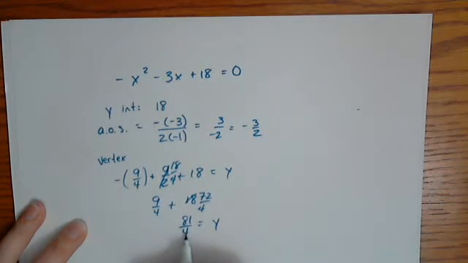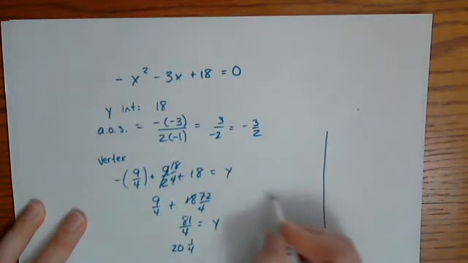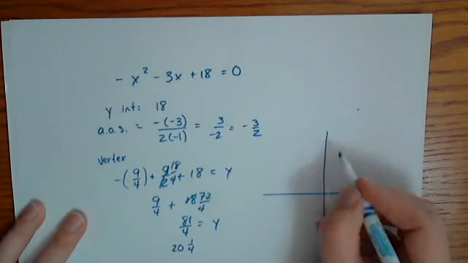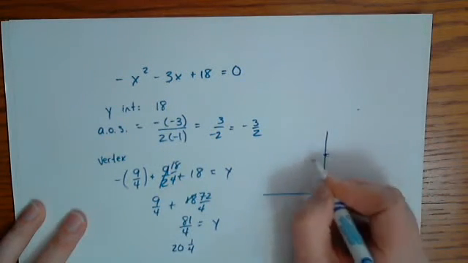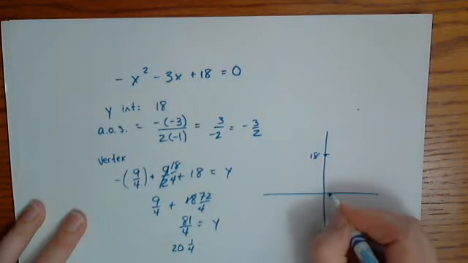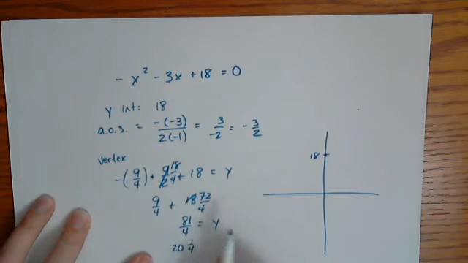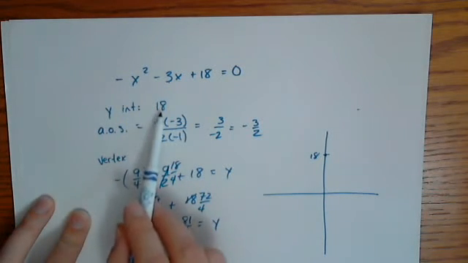So we need to graph 81 over 4, so it's helpful to know exactly how big that number is. So 4 goes into 81 20 times and 1/4. Okay? So if we graph that, we have our y-intercept up here at a positive 18.